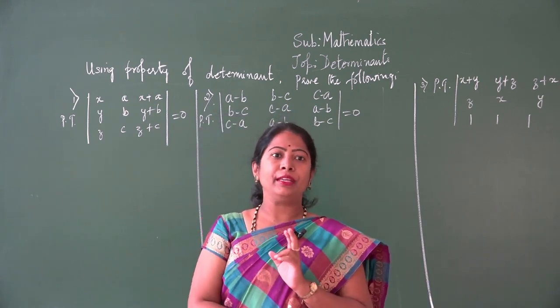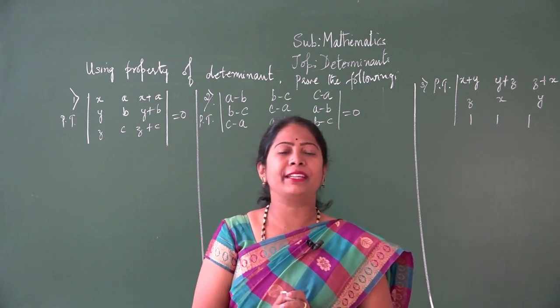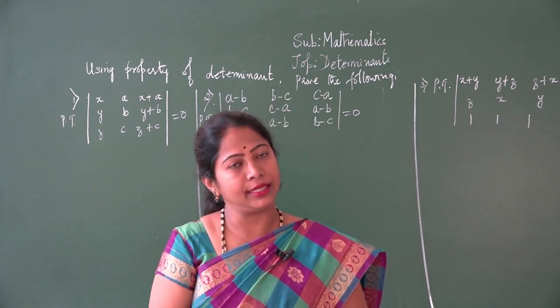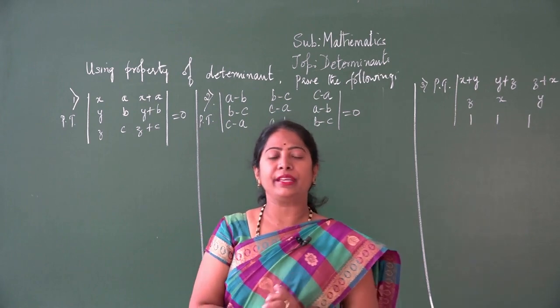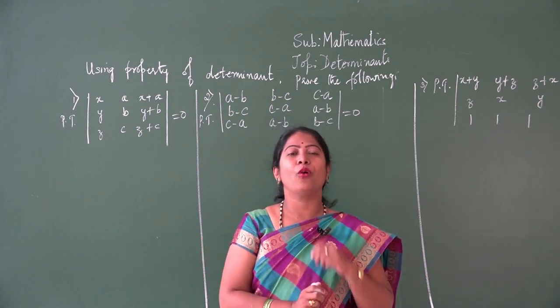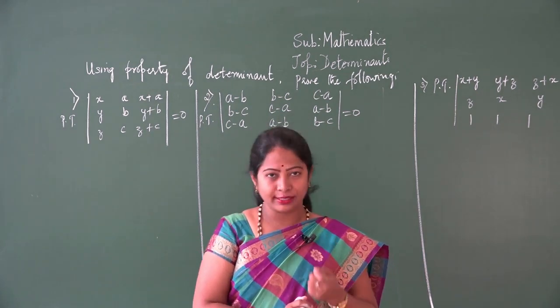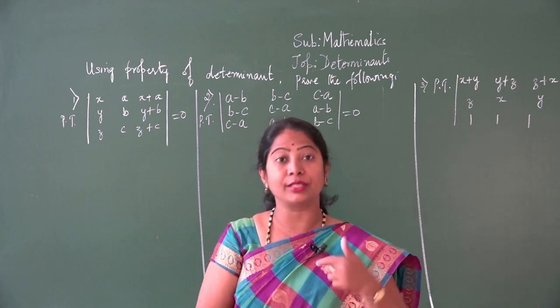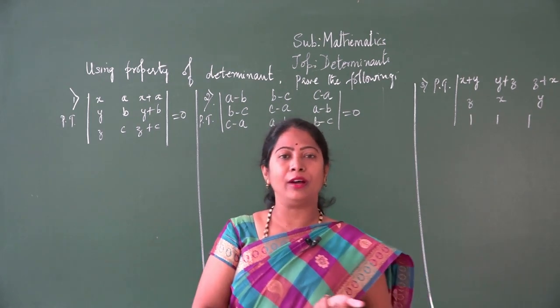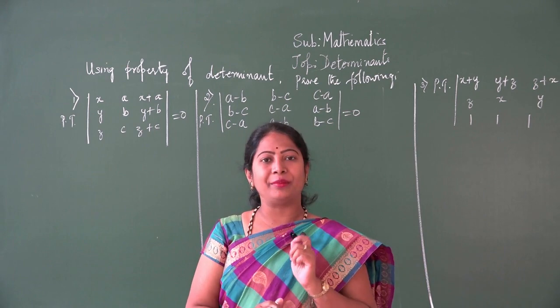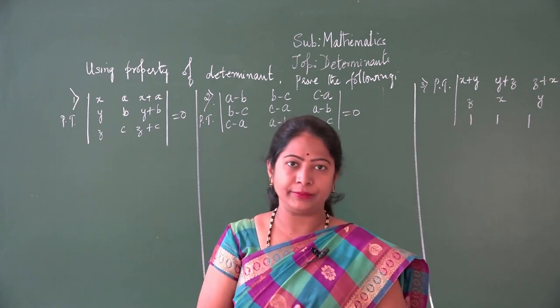The next property, the sum of 2 terms can be expressed as the sum of 2 determinants. And the last property, if you multiply any row or any column by a constant k and add that to the corresponding row or column, then the value of the determinant is unaltered.